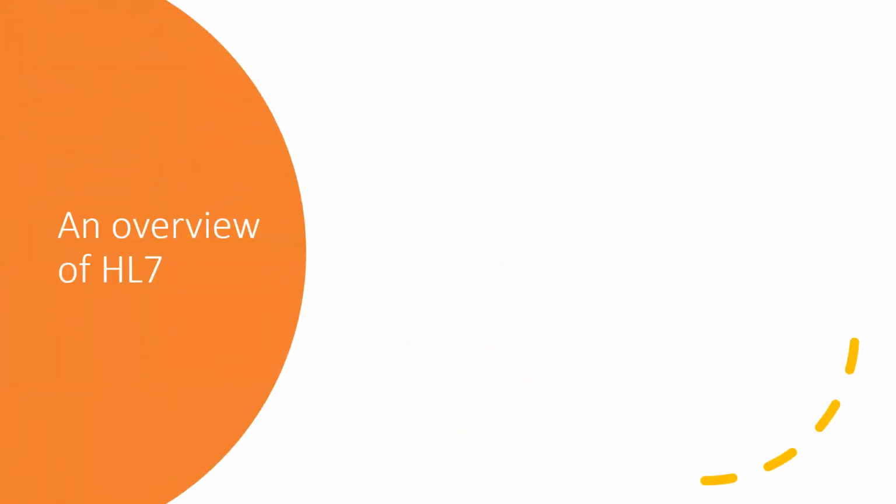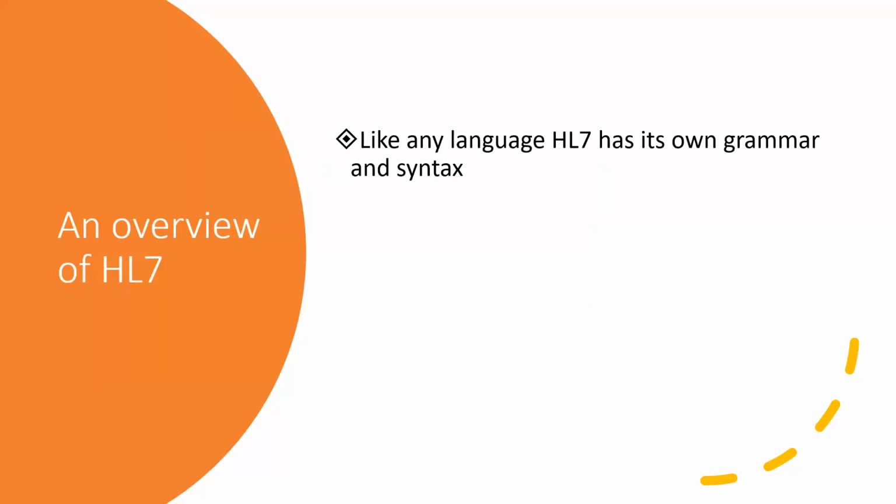A quick overview of HL7: like any other language, HL7 has its own grammar and syntax. HL7 has many versions. 2.3 is one of the most famous versions, which was a massive hit because it solved a lot of integration problems back in the 1990s. It has 12 chapters and 5 appendices.